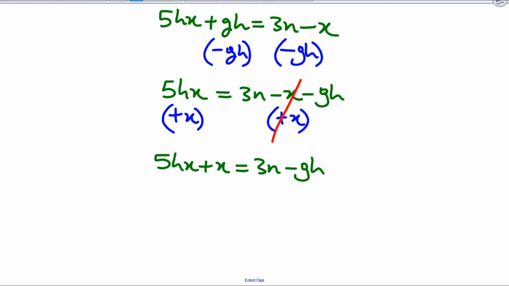Factorize out the x. So x into 5h plus 1 is equal to 3n minus gh.